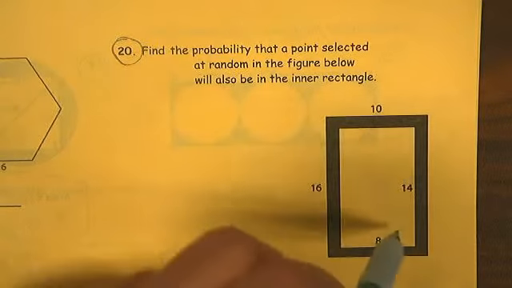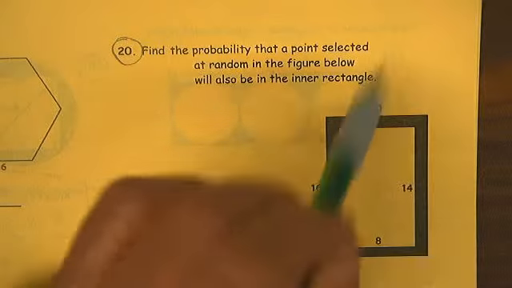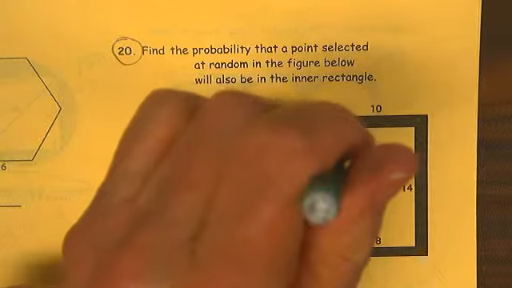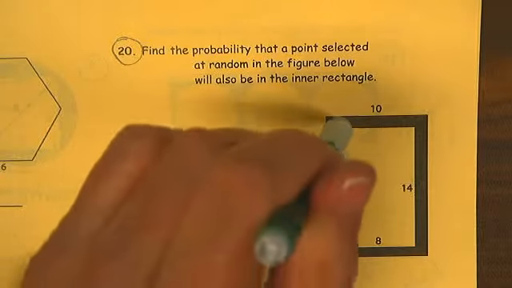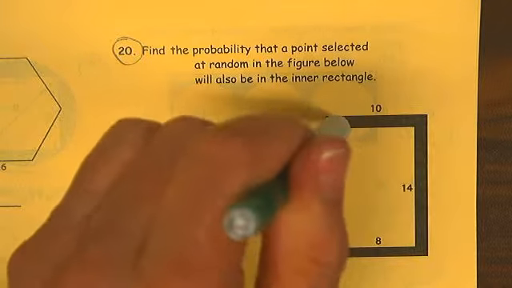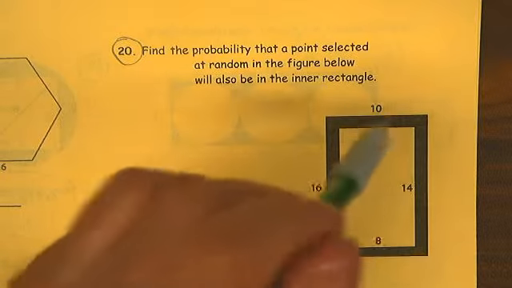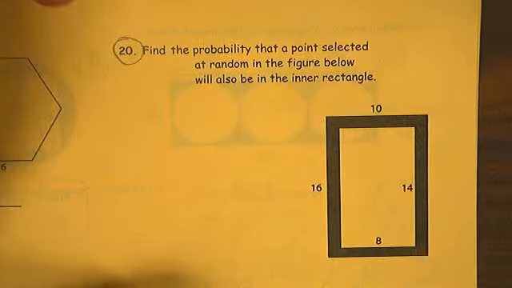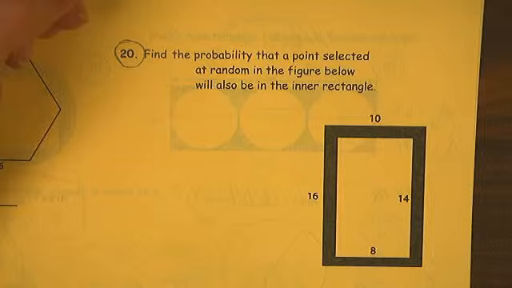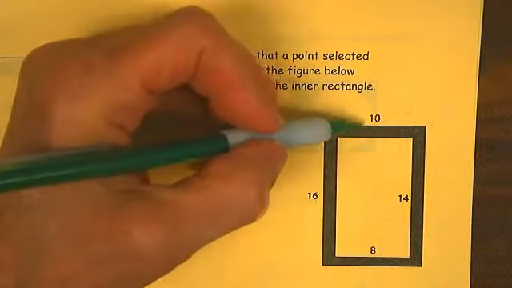If I'm trying to get a random point not only in the big rectangle but also in the small rectangle, that's going to be a fraction. And this is really interesting math.